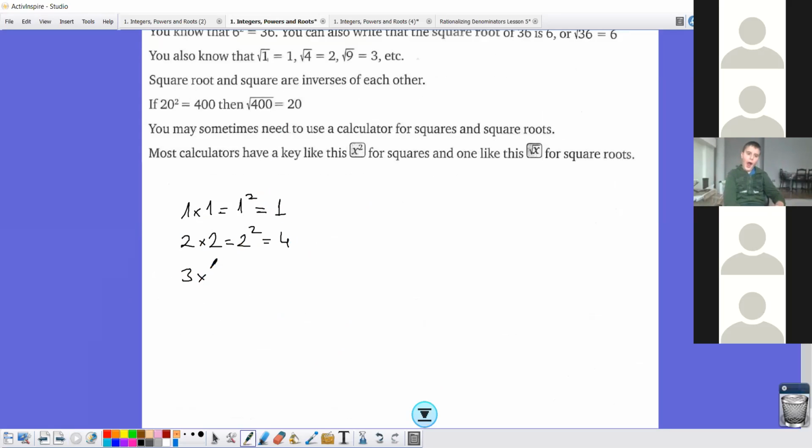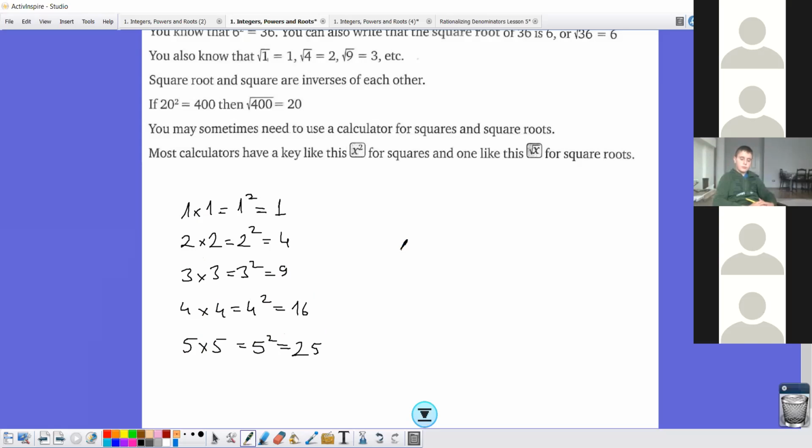Then 3 times 3, 3 squared, which is 9. 4 times 4, 4 square, which is 16. 5 times 5, 5 square, which is 25. Now, these are the squares.